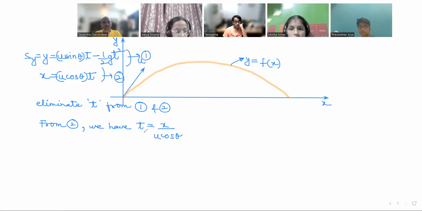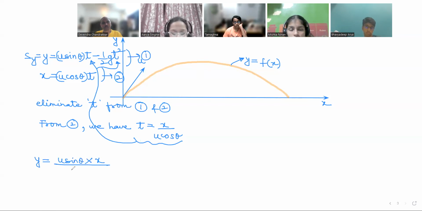Substitute this value of t in the first equation. So what you get is y is equal to u sine theta into x upon u cos theta minus half g t square, x square upon u square cos square theta.